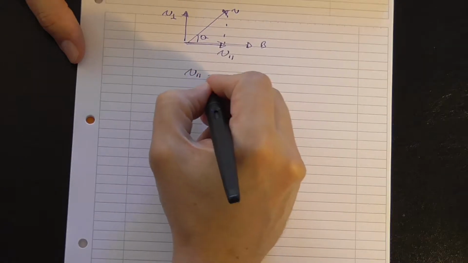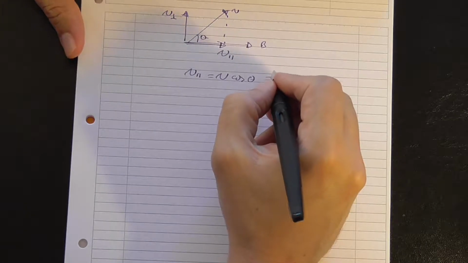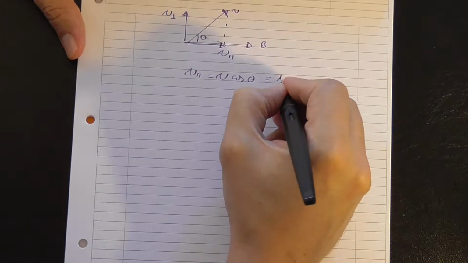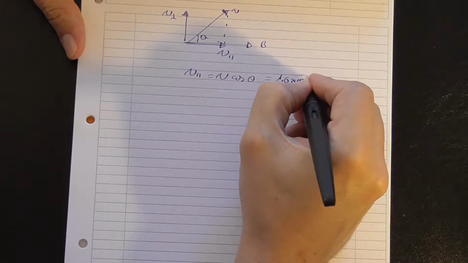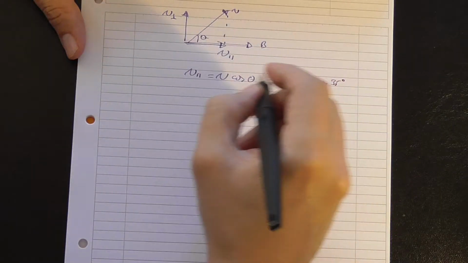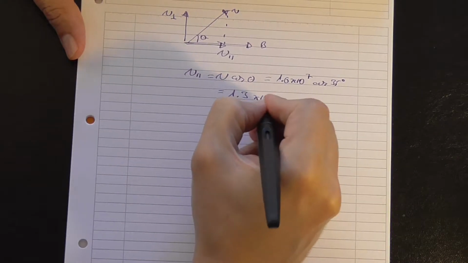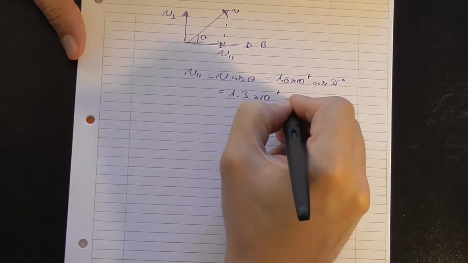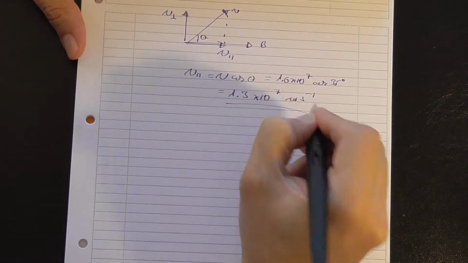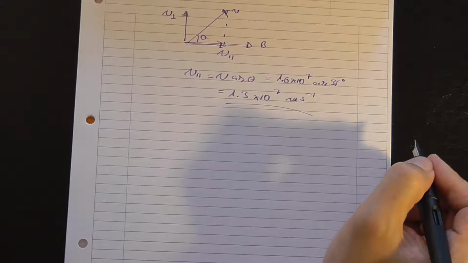Easy. This is now the cosine theta, so this is 1.6 times 10 to the 7 cosine of 35 degrees. Again, you need to have a calculator for that, and don't waste time with calculations. Okay, that's one easy mark.